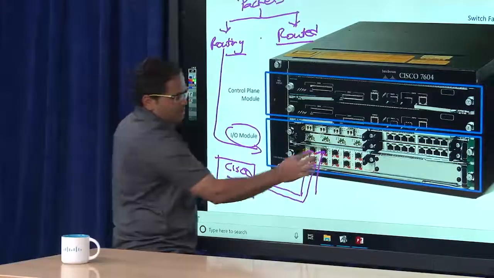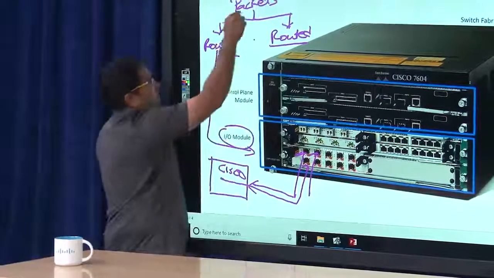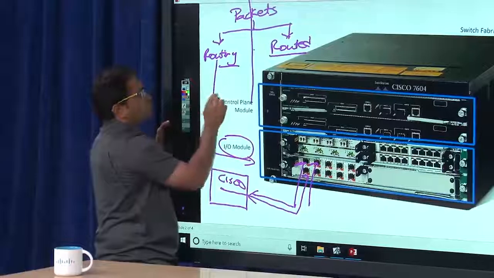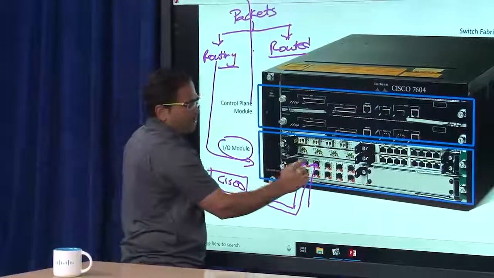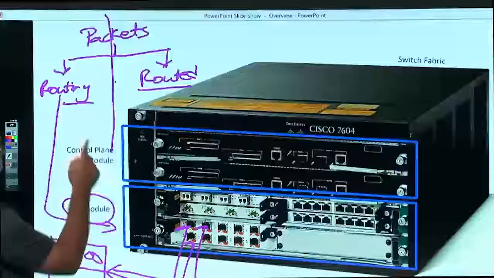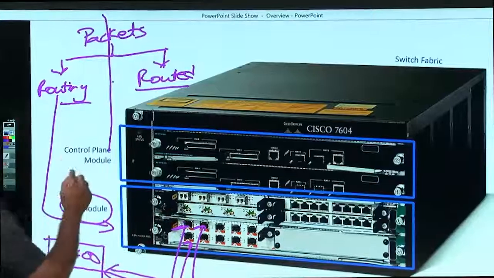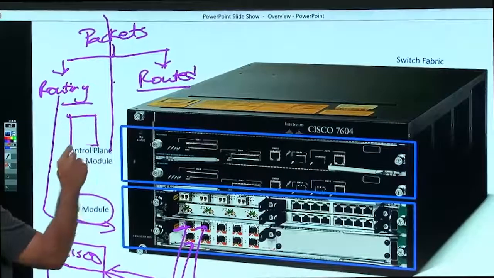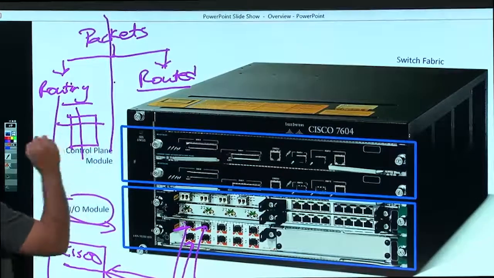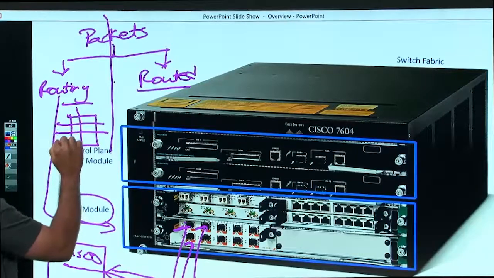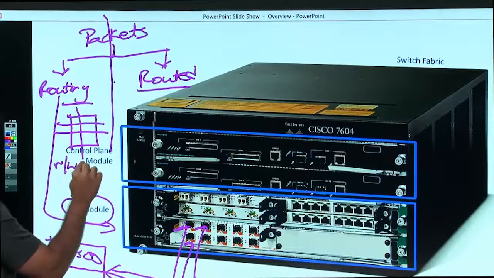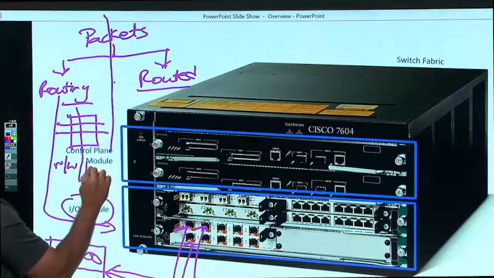The I/O module could receive two types of packets, either the routing packet or the routed packet. The routing packet, let's basically split this into two workflows. A routing packet enters one of these ports. The routing packet essentially is carrying information about networks and how they can be reached.